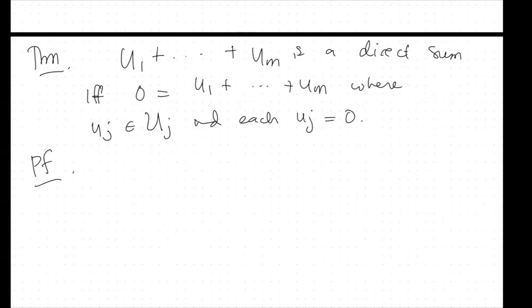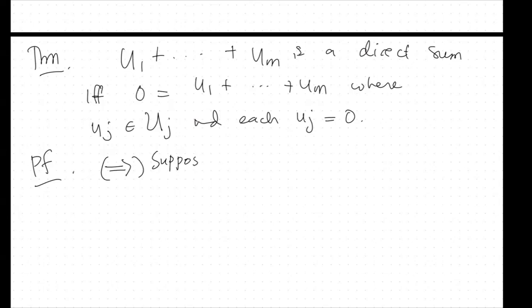Suppose that this is a direct sum, then the only way to write 0 is by taking all uj equal to 0. Now suppose, let me leave the first part.